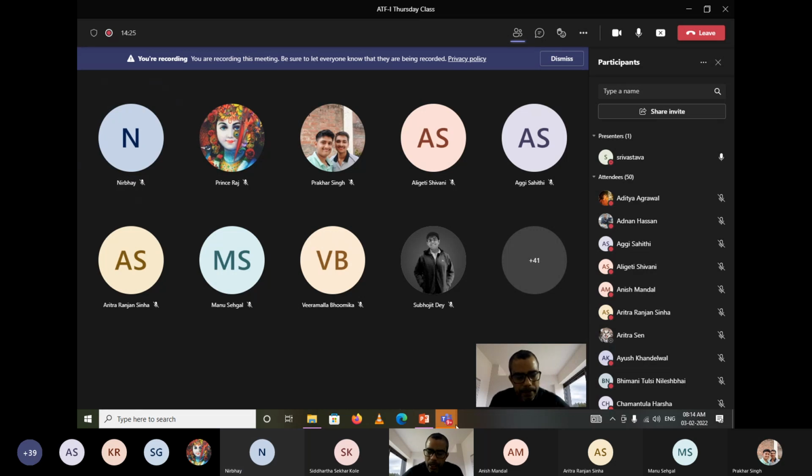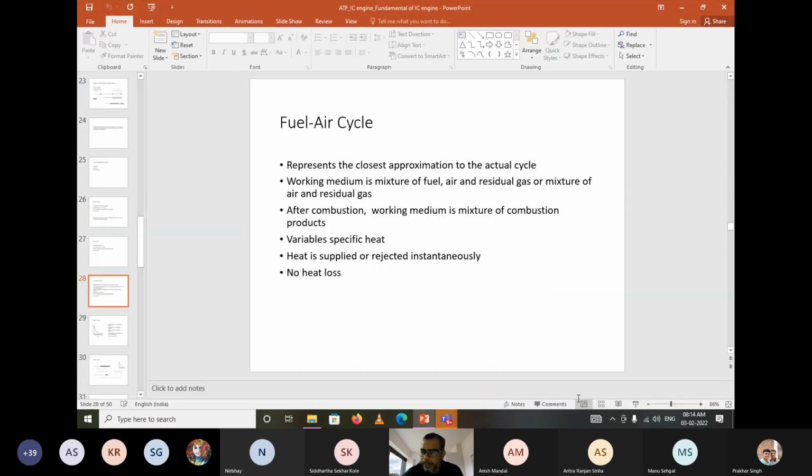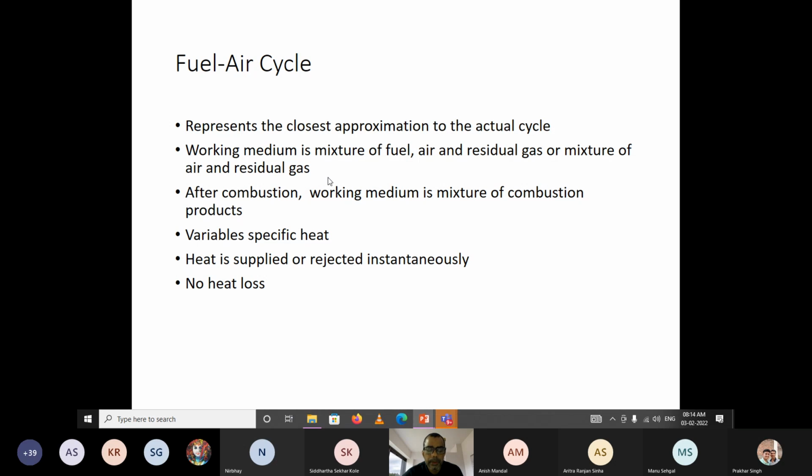Okay. So in the fuel air cycle, we are considering the actual working medium. After the combustion, the working medium is a mixture of combustion products. So the working medium itself is also changing. Variable specific heat also represents the actual cycle.